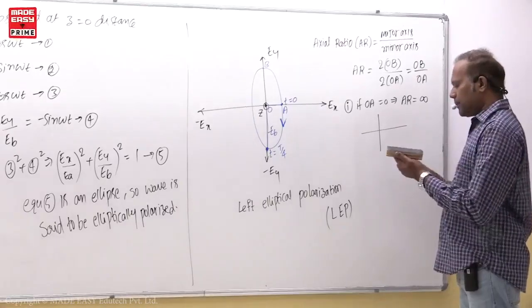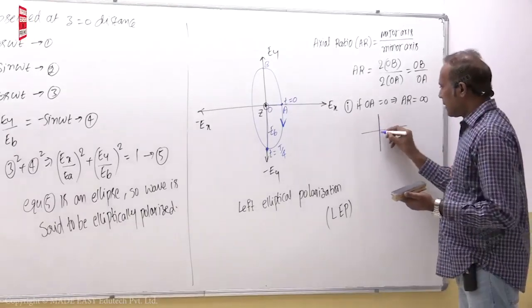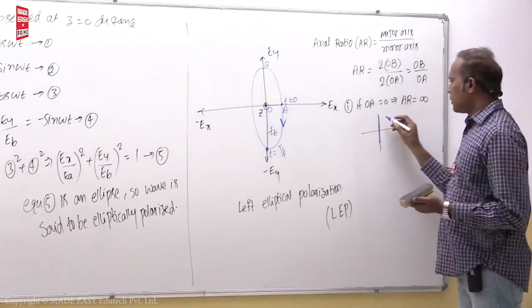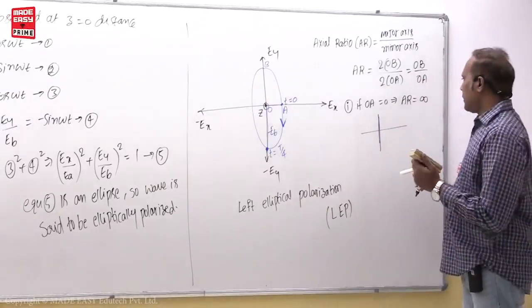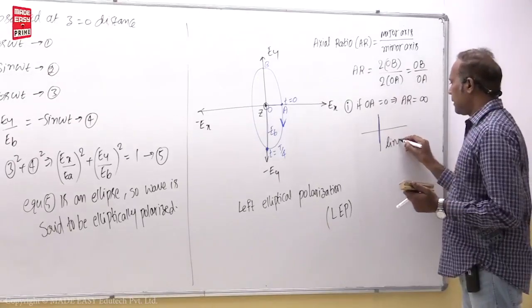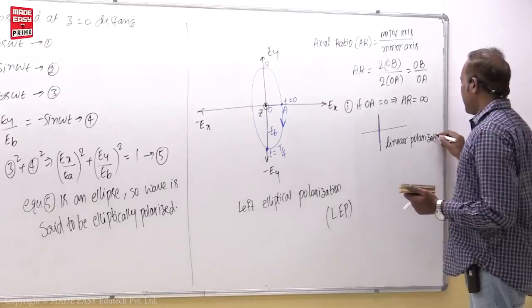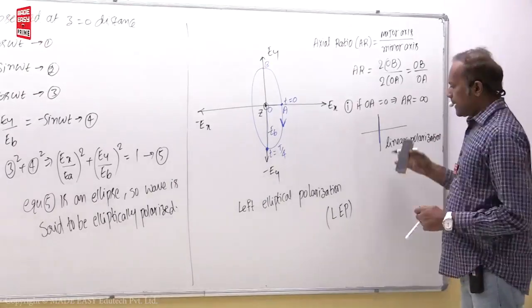That means OA 0 means this width is 0. It looks like a line. So it is a linear polarization.